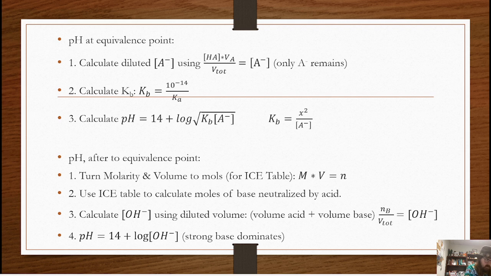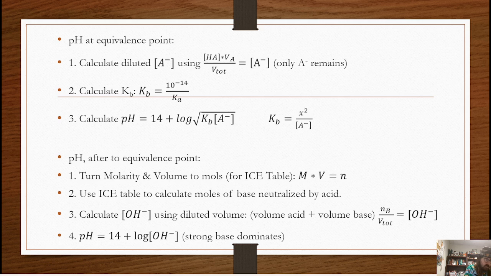That you have a situation where Kb is equal to x squared over A minus, and the negative log of the square root of Kb times A minus is going to give you the pOH, and you can turn that into pH.